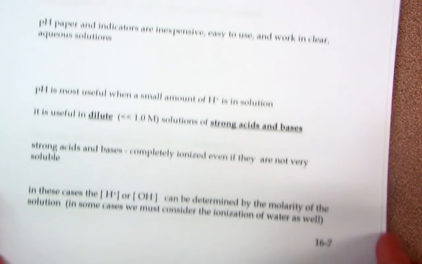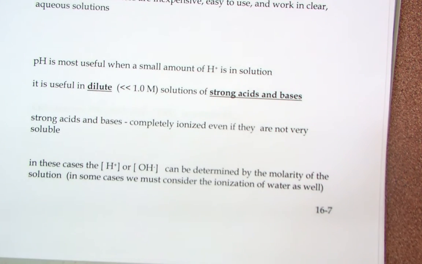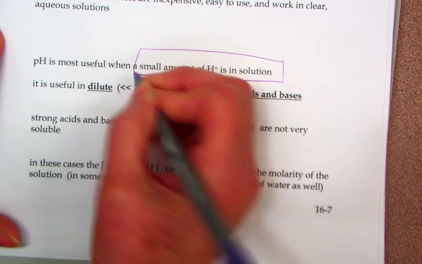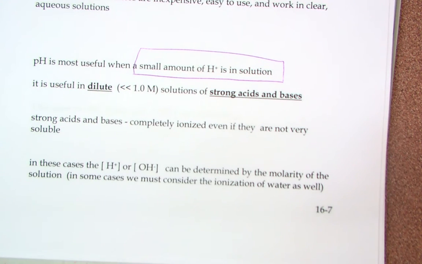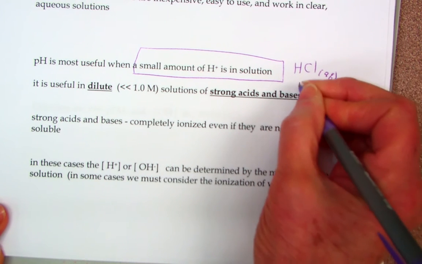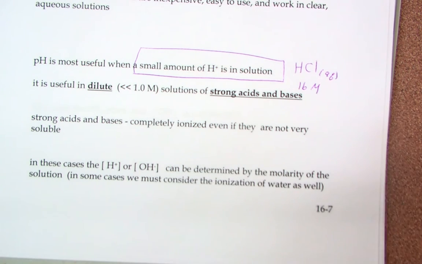But when we're talking about pH, it is most useful when there is a small amount of hydrogen ion in the solution. If you think about this, concentrated HCl comes as a 16 molar solution. What would the pH of that be?